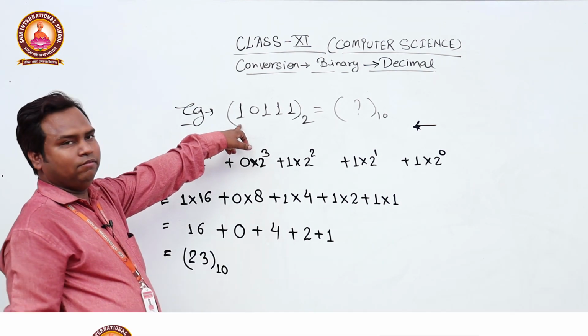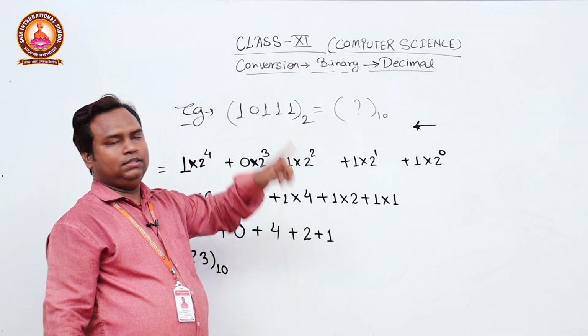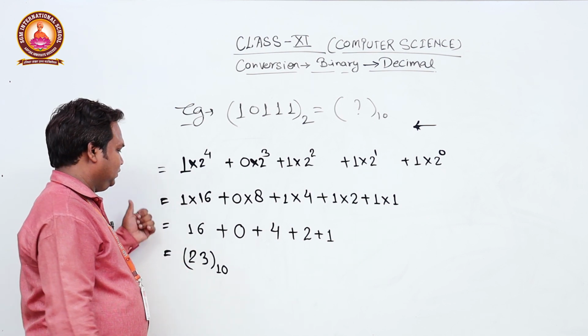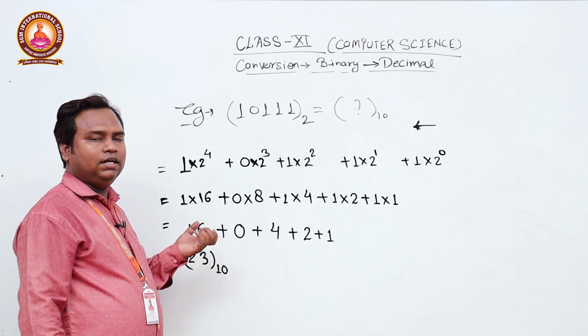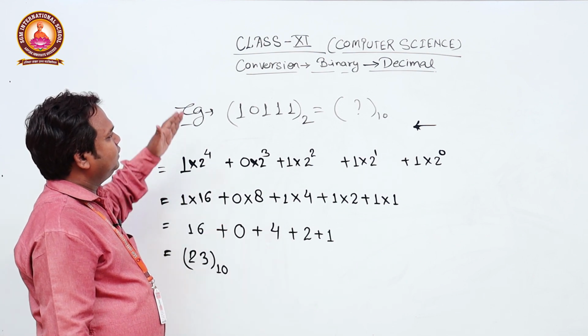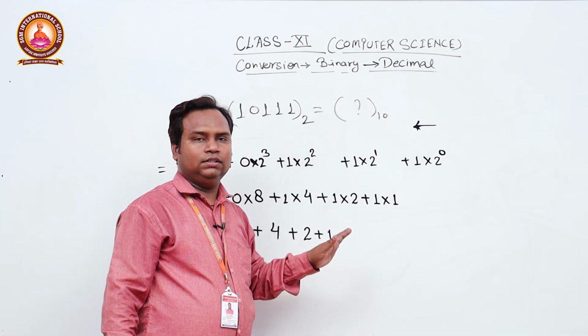The question is 1, 0, 1, 1, 1. Applying the procedure, what will be the result? 23 in decimal. This procedure is for binary to decimal conversion.